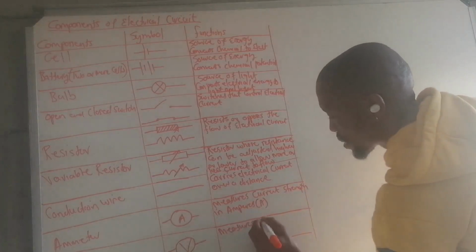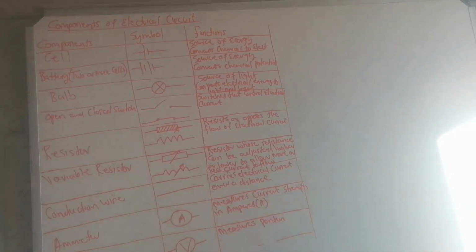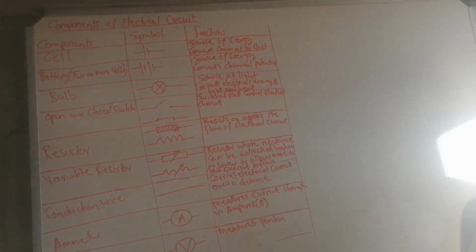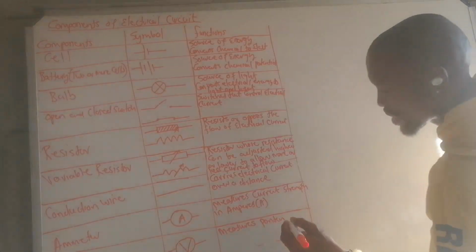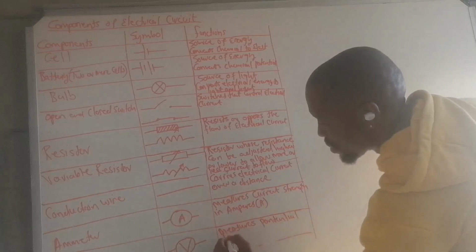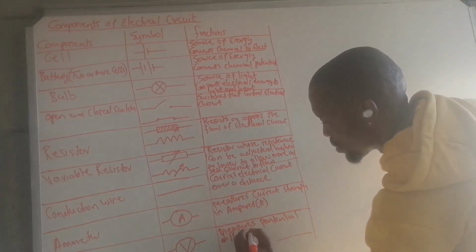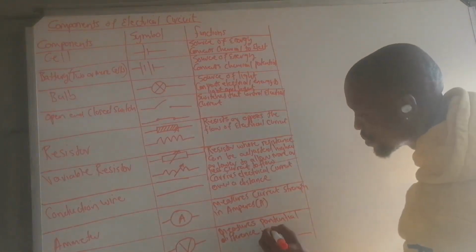It measures potential difference because there is a point of high potential versus a point of low potential, and there's a difference between those two, the anode and cathode. It measures the potential difference in volts.